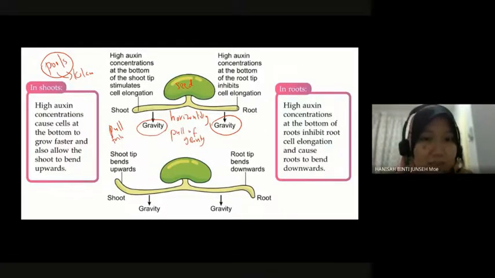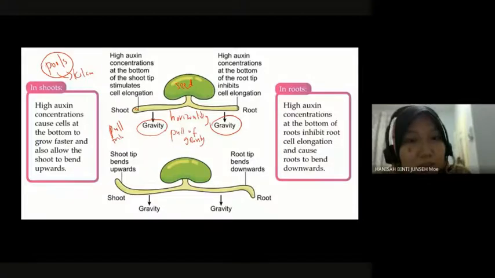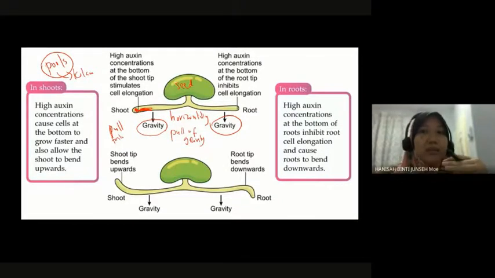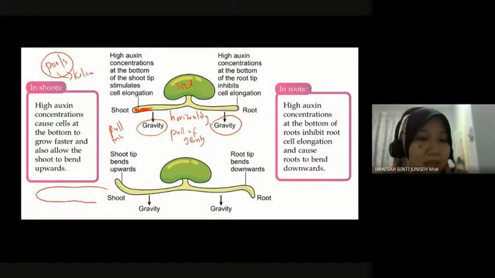Kan ada auxin di sini. Okay, auxin di hujung, at the tip. Tapi because of the gravity pulls, this auxin will accumulate at the bottom side. Okay, when I say bottom side, tengok di sini ya. Ini adalah, kita zoom in, ini shoot. Ini kita panggil dia upper.